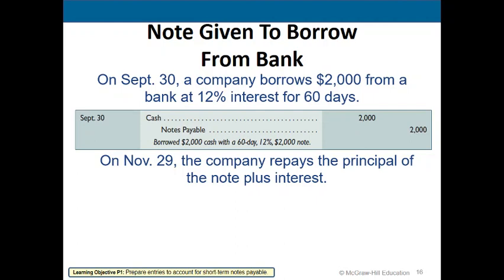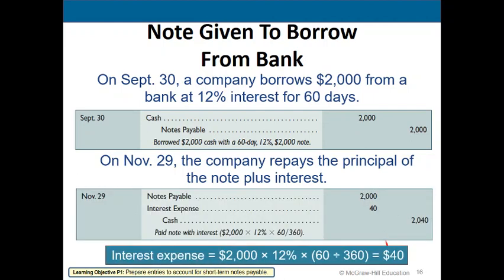Same idea for a note given to borrow from a bank. It's the same concept. And so this is payable in 60 days within the same year's period, no problem. It's just like what you saw before.